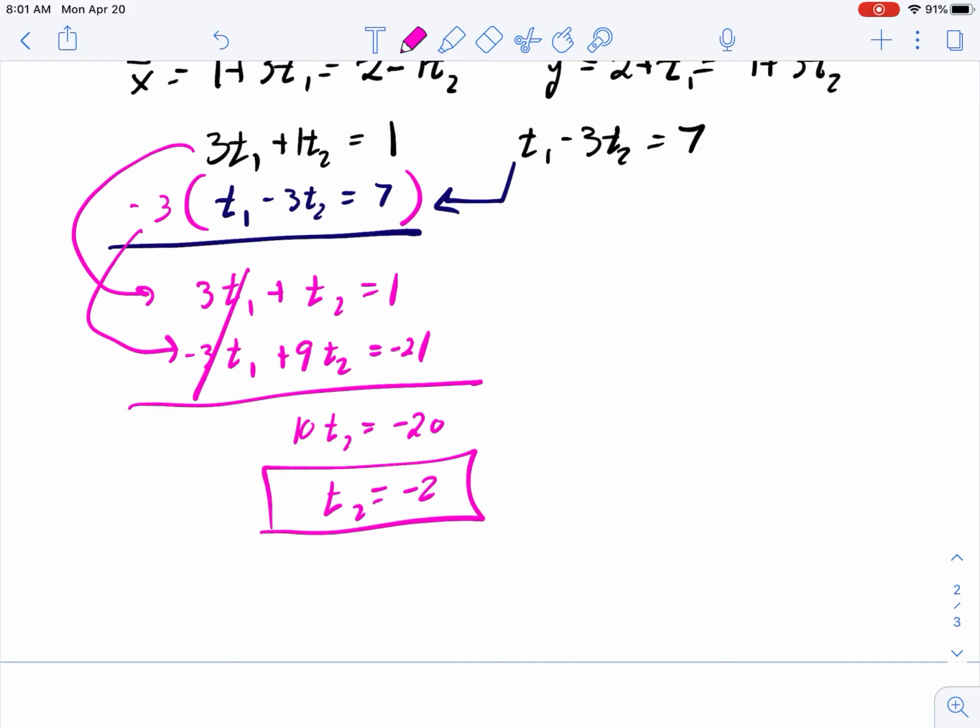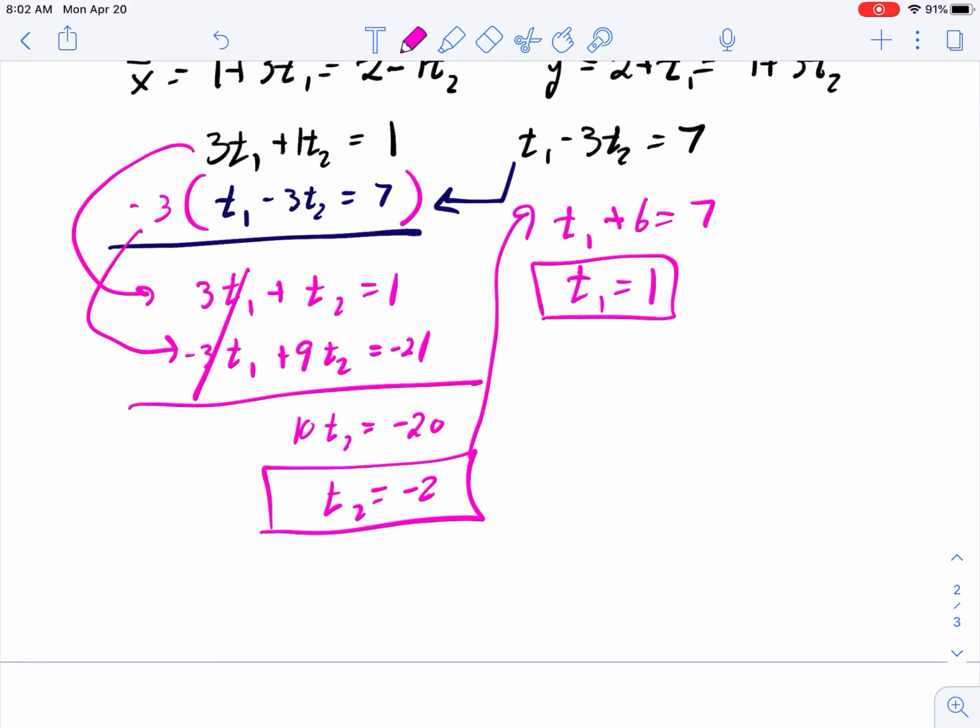And this could be like seconds, minutes, hours. Depends on what you're dealing with, particles, time, and all that. Now, I still need to get my T1, so I can go back. I'm just going to do it here since I have space. So T1 minus, actually plus 6 equals 7. So T1 is 1.